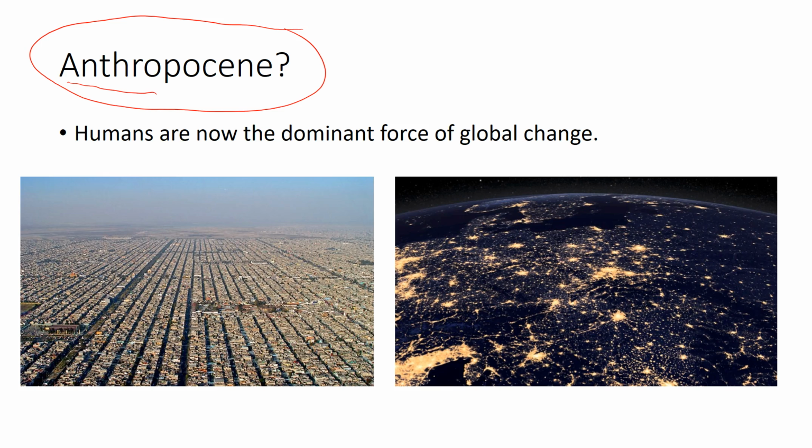So we're essentially creating a new and changed Earth, much like something like an asteroid might have done in the past. Humans are so dramatically changing things that we are not a, but the dominant force of global change, right?